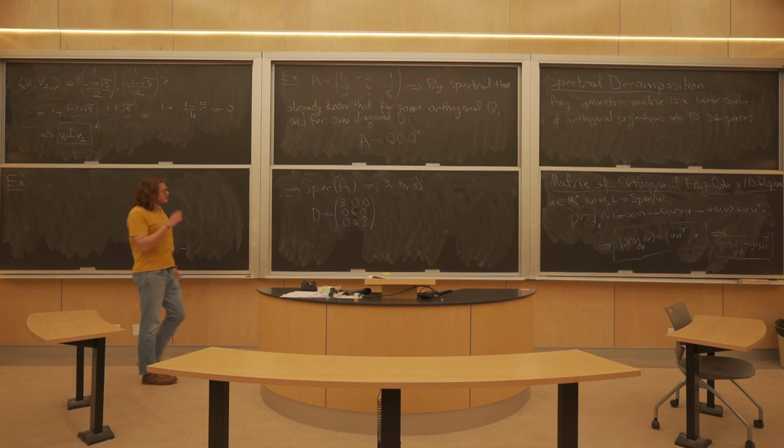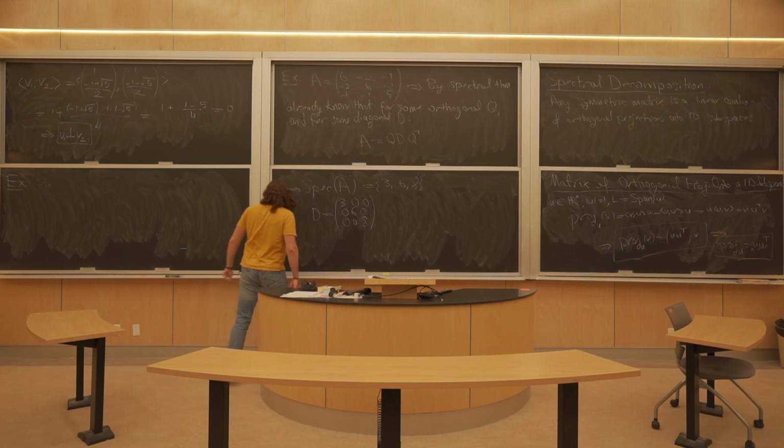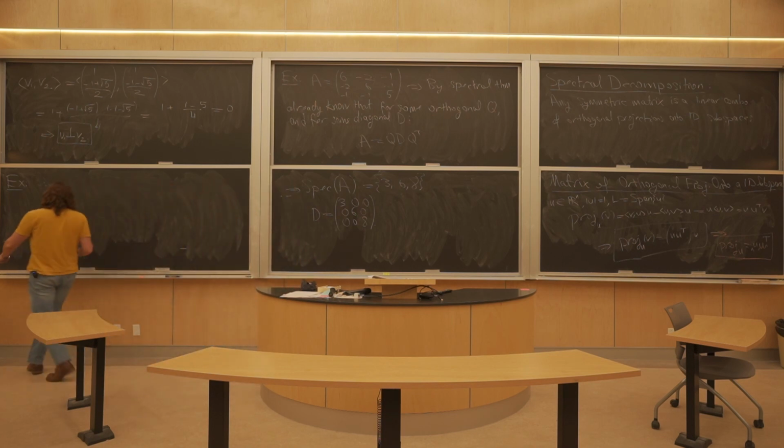So let's start with the diagonal matrix here, with diagonal entries 3, 6, 9.